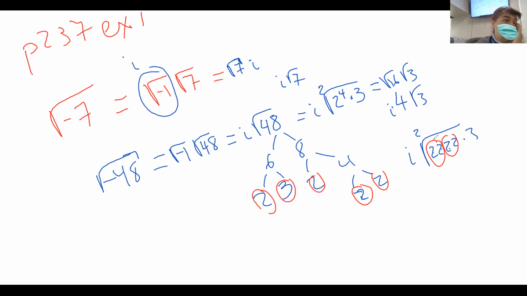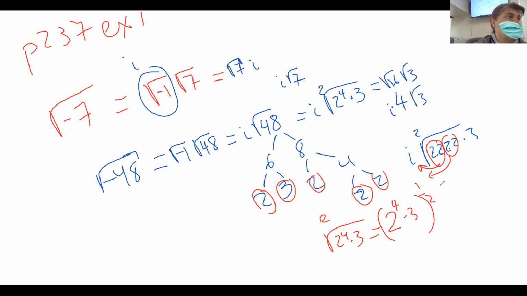Or another way to think about it, the most sophisticated way: what is a square root? It's a rational exponent. So you can write 2 to the power of 4 times 3, all to the power of 1 over 2.